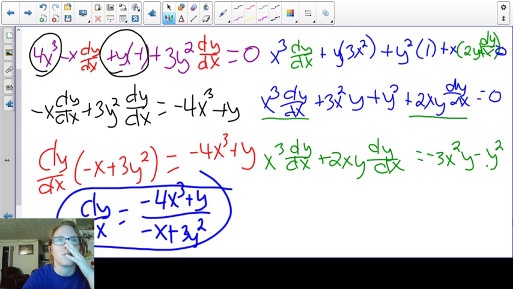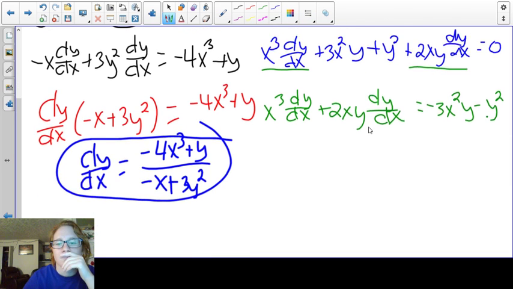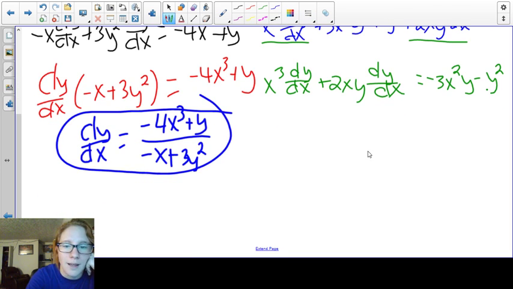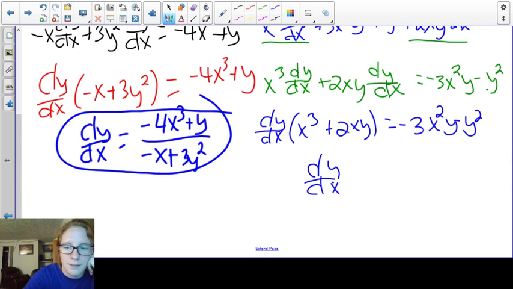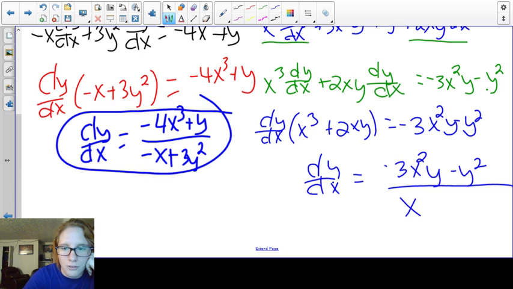I started adding plus and I was like, that's got to move too. So we're going to go ahead and divide out that dy dx. So I have x cubed plus 2xy is equal to negative 3x squared y minus y squared. So dy dx is equal to negative 3x squared y minus y squared all over x cubed plus 2xy.